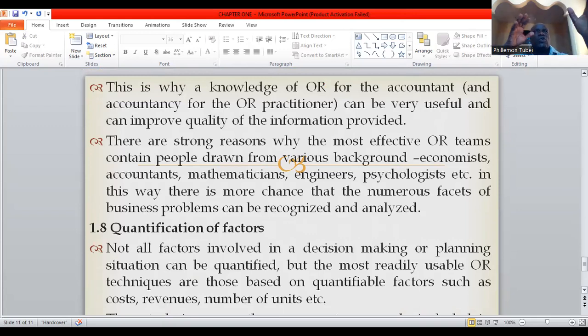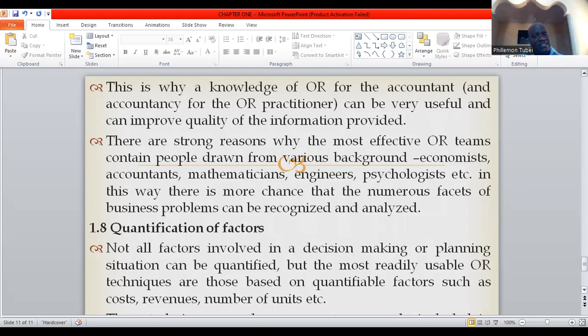Meaning, when you source information from various sources, at the end of the day, the business decision you are going to make will be information-based and multivariate data-based. And therefore, the decision you make is going to be a cognitive, concrete, comprehensive business decision.